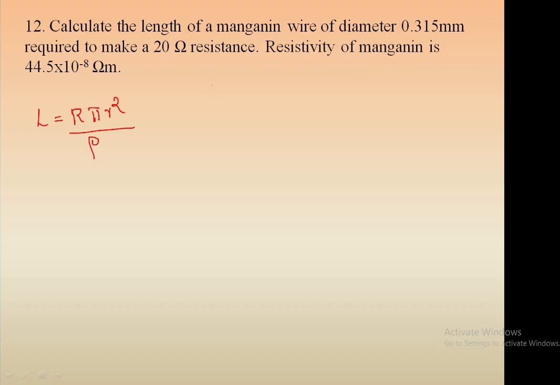Now we are given the resistance R is equal to 20 ohm. Instead of radius, we are given the diameter. So radius small r is equal to d by 2, that is 0.315 by 2 millimeter, that is equal to 0.1575 millimeter, which we can convert into meter.